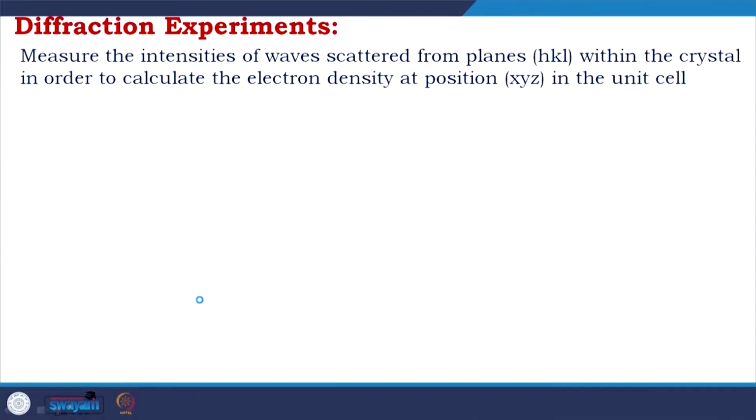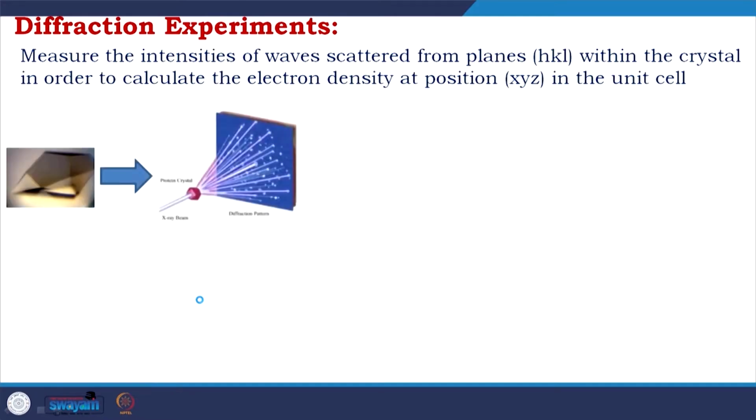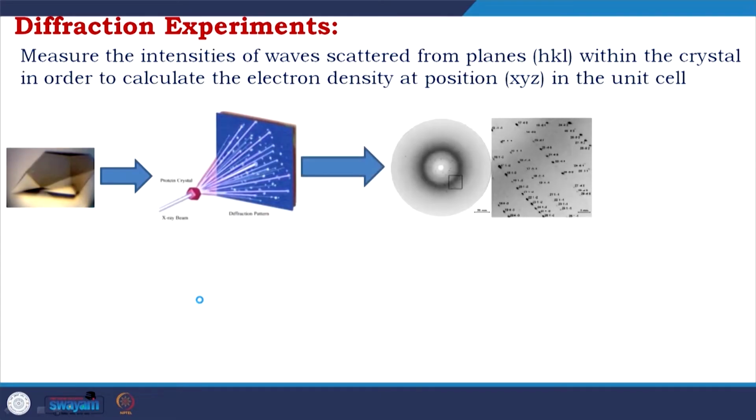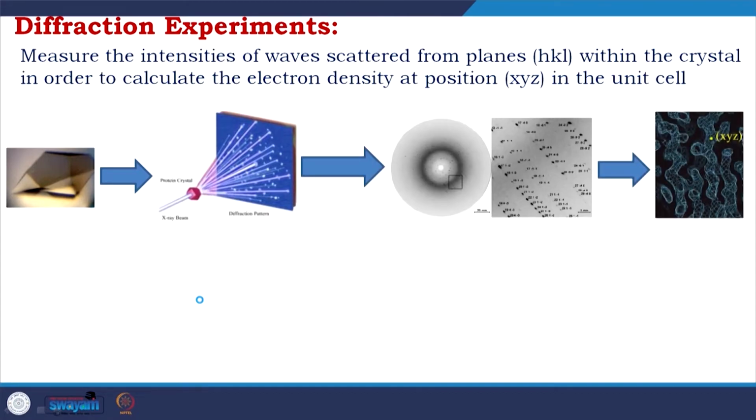We measure the intensities of waves scattered from planes within the crystal in order to calculate the electron density at position x, y, z in the unit cell. As I told, we have a crystal, we do diffraction, from there we get the diffraction pattern, and then our goal is to get the electron density map.